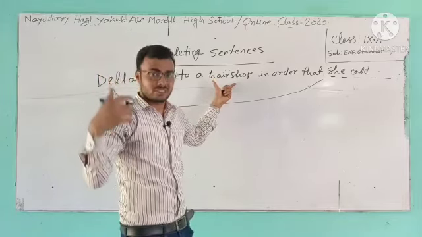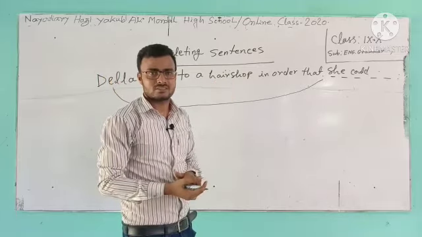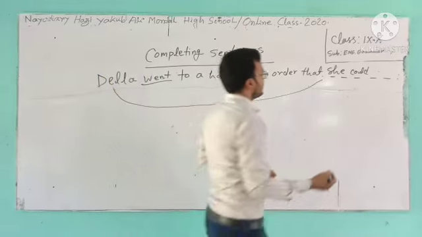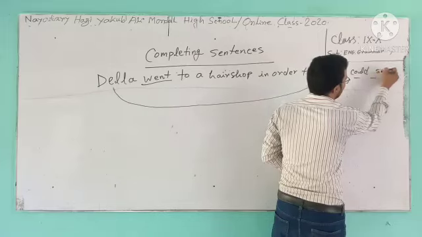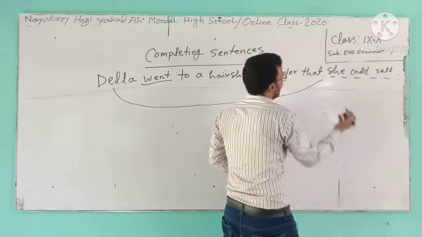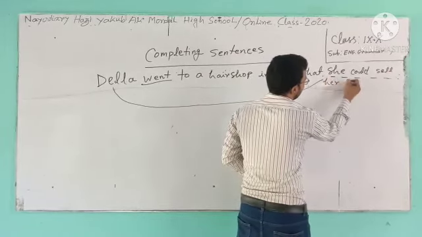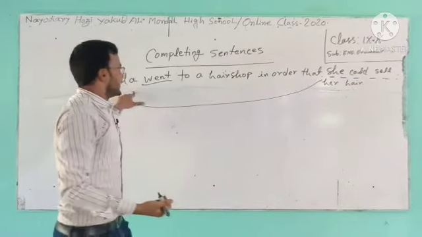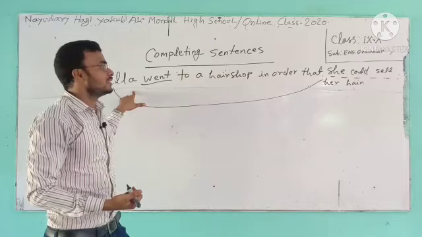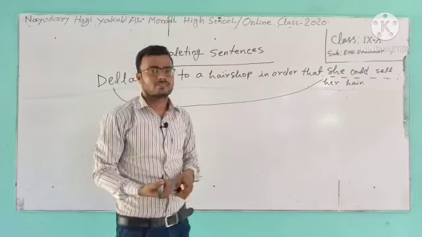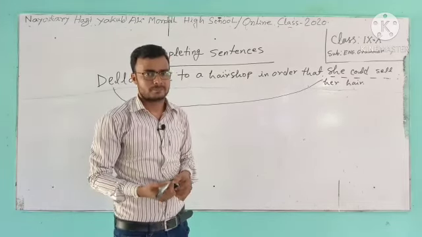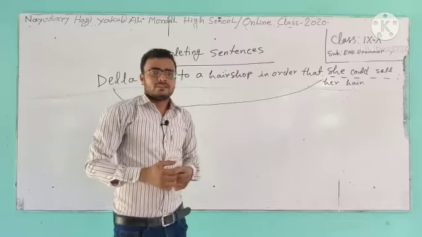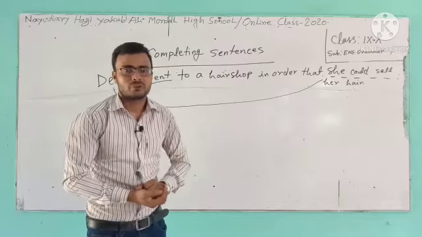To sell her hair. She could sell her hair. So: Dela went to a hair shop in order that she could sell her hair. Do you understand?